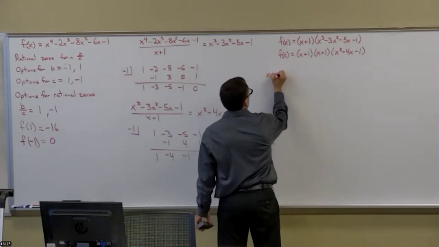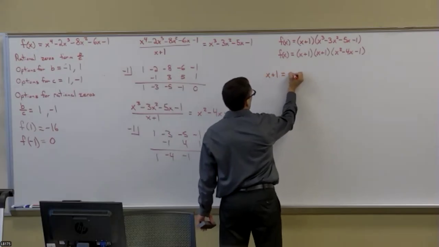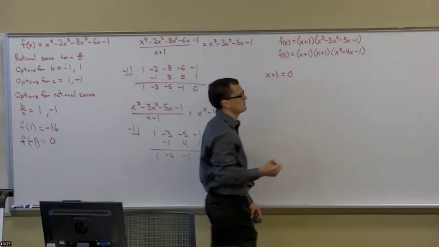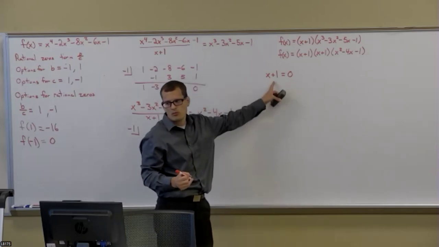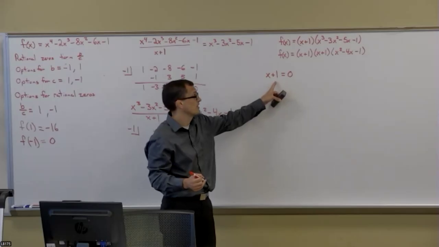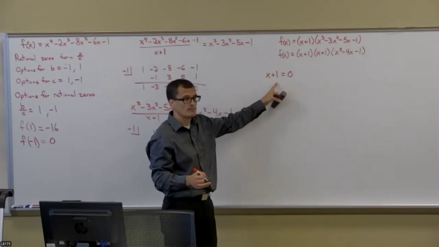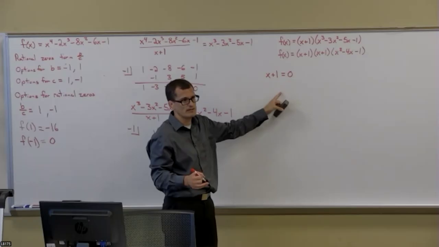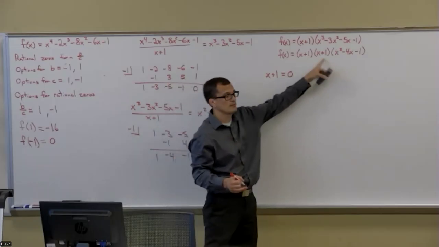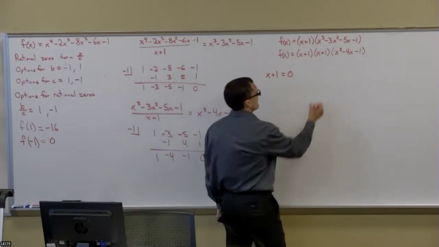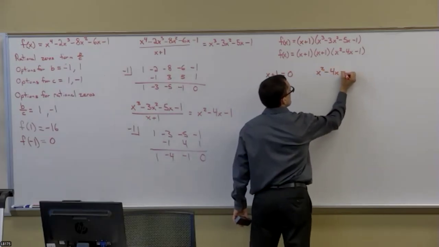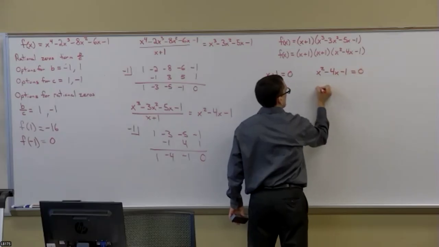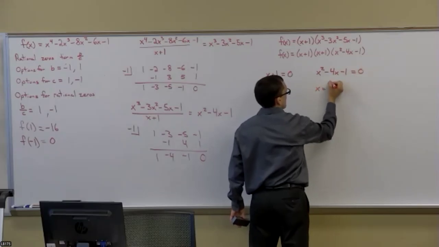By the way, I don't need to set x plus 1 equal to 0 and then another x plus 1 equal to 0. We know that that's going to produce a single 0 of x equals -1 with multiplicity of 2. But I will set this equal to 0 and then quadratic formula.